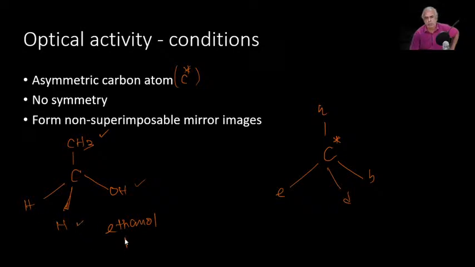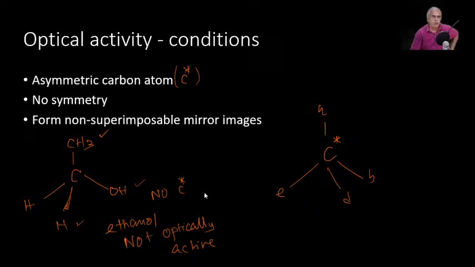So it is not optically active. Do you understand? Why? Because it does not have asymmetric carbon atom. So no asymmetric carbon atom, because two hydrogens are attached to carbon.